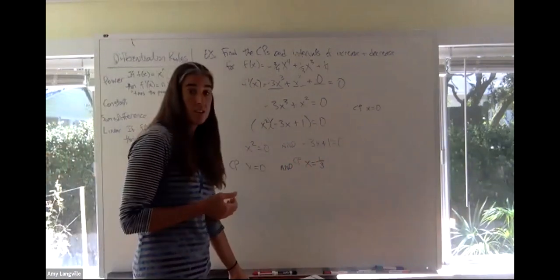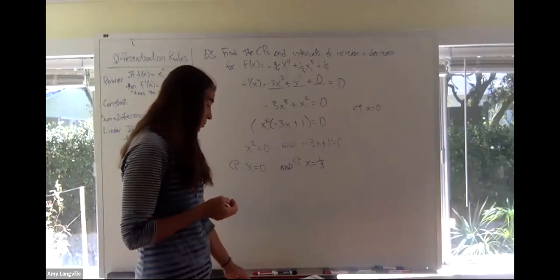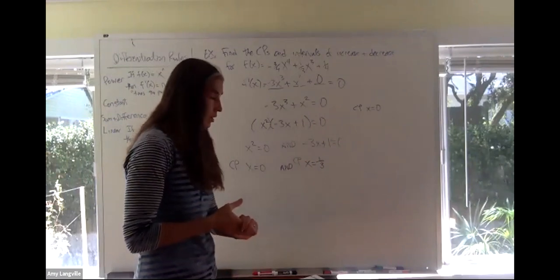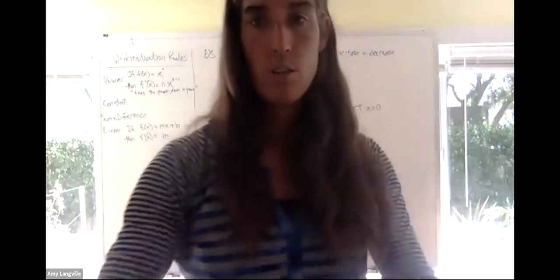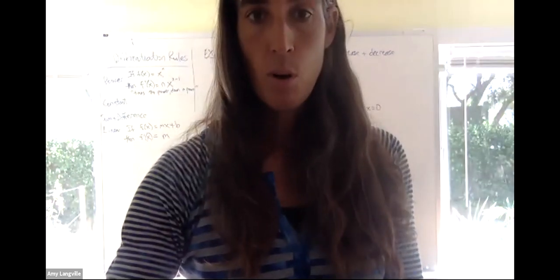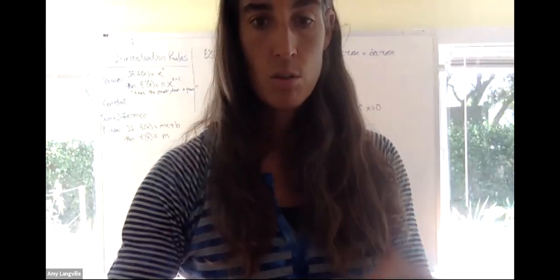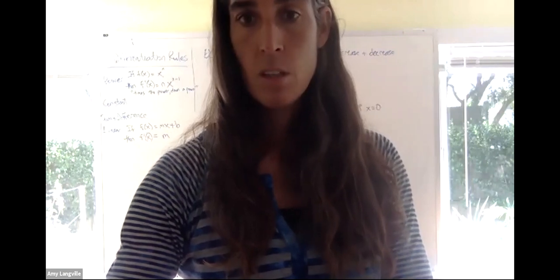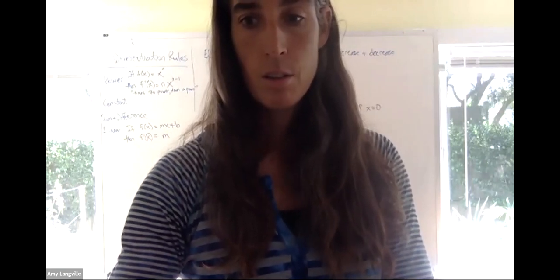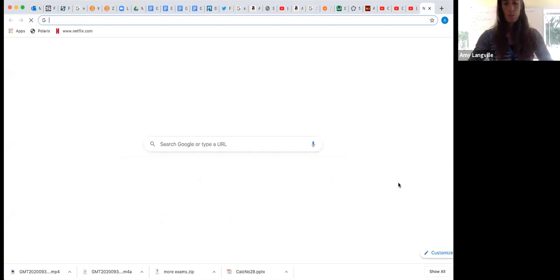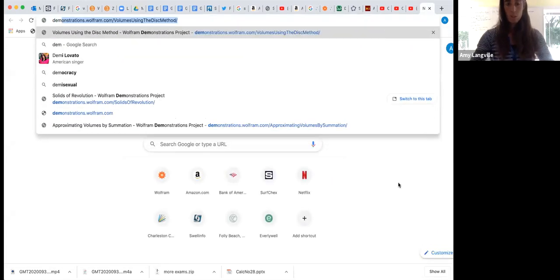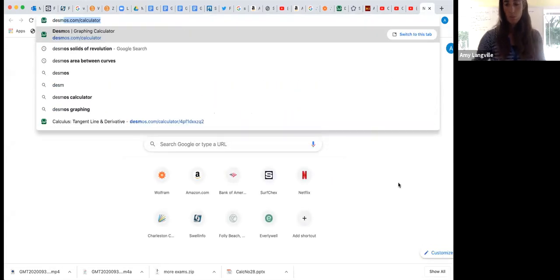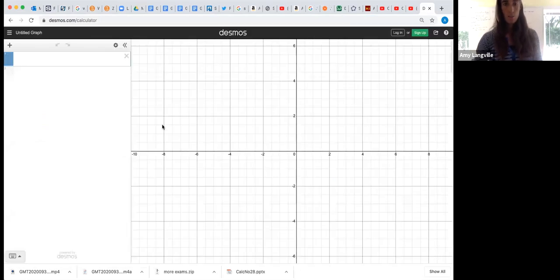Now again, you could check that those are CPs visually. So you could go to a tech tool, and maybe let's just visualize that together. And it'd be a good thing to pause your video too and make sure you can do it. All right, so I'm going to go to Desmos, let's say. Calculator. Enter in our function.